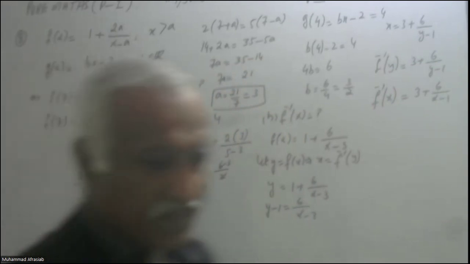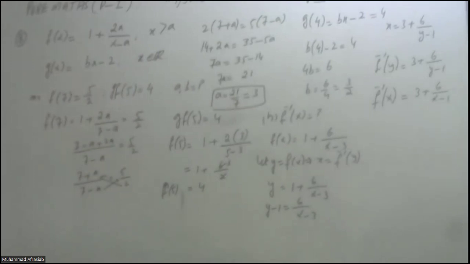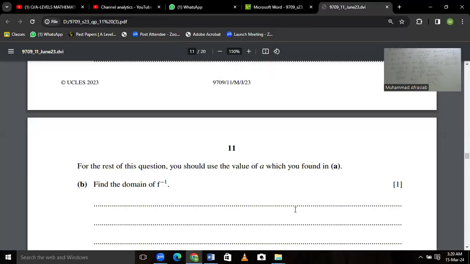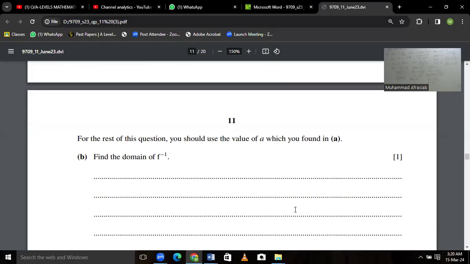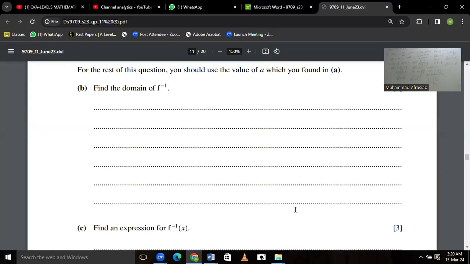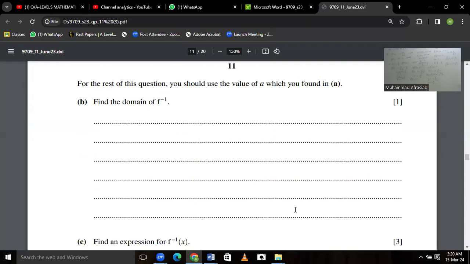And then for the final part, C, they are asking to find the domain of f inverse of x.